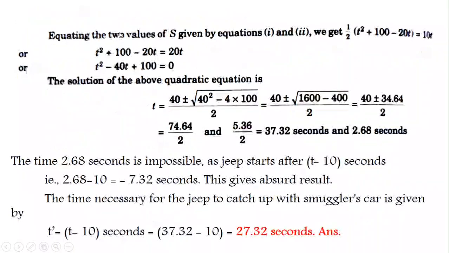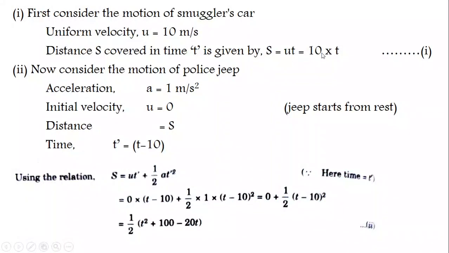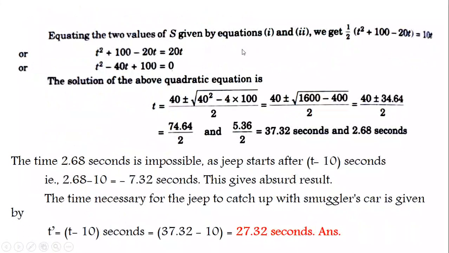Now equating the two values of s. This is s equal to 10 into t, and this is s equal to 1 by 2 into t square plus 100 minus 20t. Equating the two values of s from equation 1 and 2, we get 1 by 2 into t square plus 100 minus 20t equal to 10t.